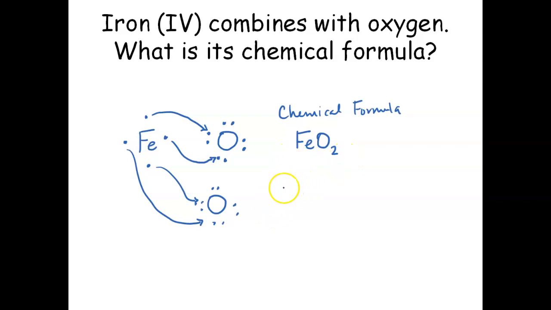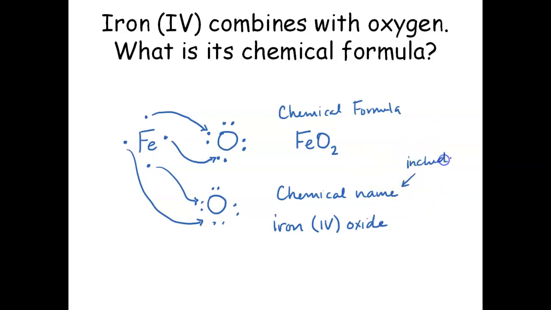How about the chemical name? Now the chemical name is a little different than our regular names. And in this one, you do want to write down what the Roman numeral is. So I would call this iron with parentheses 4 oxide. So for the chemical name, include the Roman numeral.